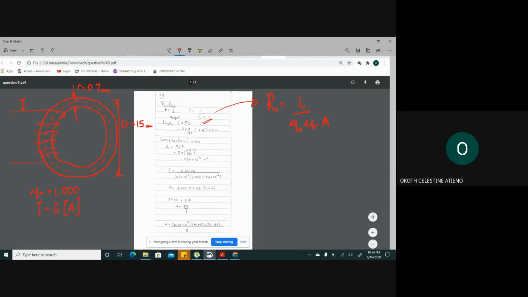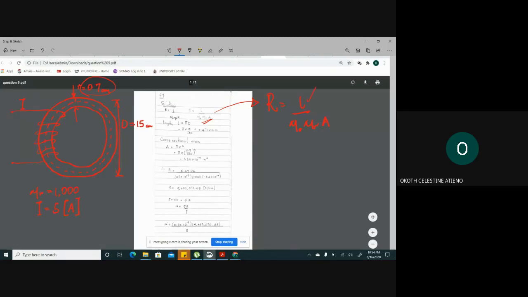So my length is pi d, using the diameter of the toroid, 15, to get your length. And then, of course, cross-sectional area is pi r squared. We've converted to meters. So this is your cross-sectional area.